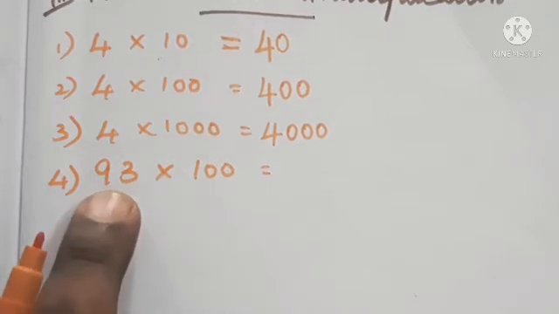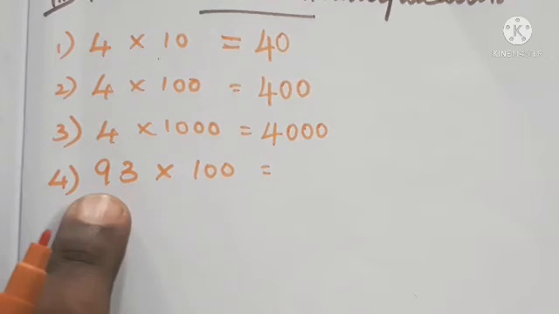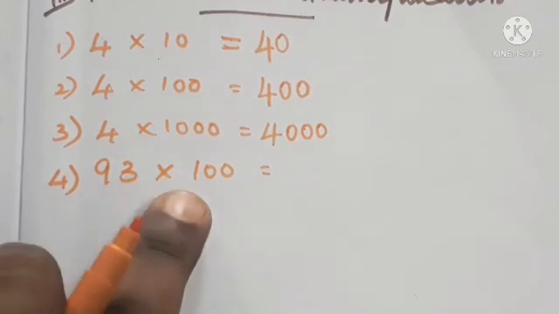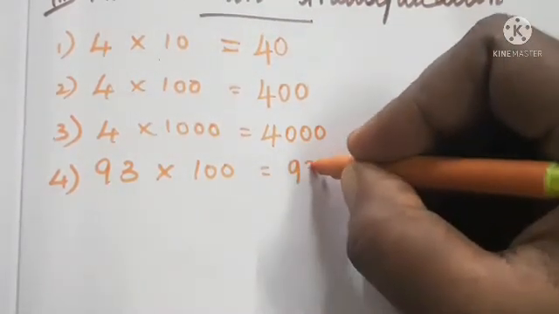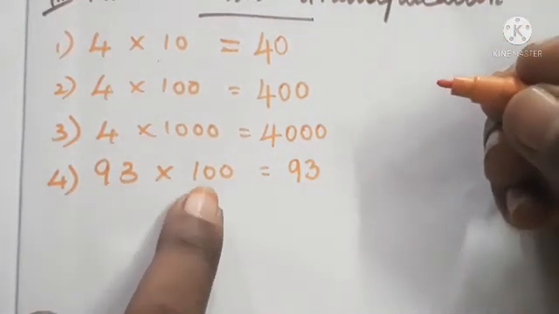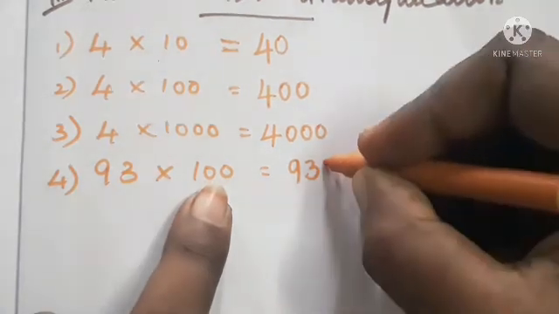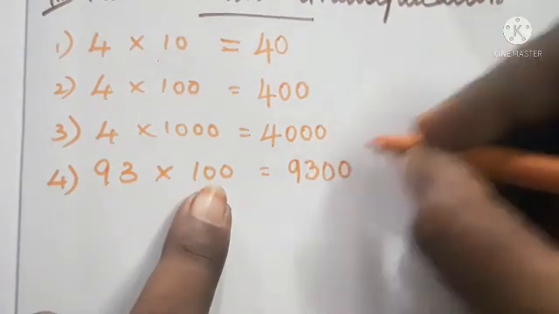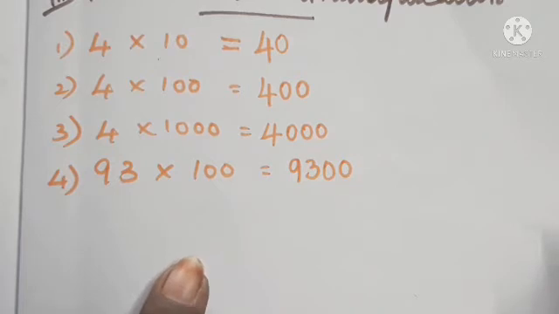If you multiply a number by 1 we will get the same number. So 93 into 1, what's the answer? Yes, 93. So in the 100, how many zeros are there? Yes, 2 zeros are there, isn't it? So we can write the 2 zeros at the back of the 93. So our answer is what now? 9300. Okay, 9300 is our answer.